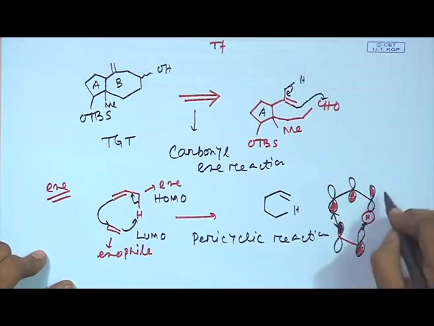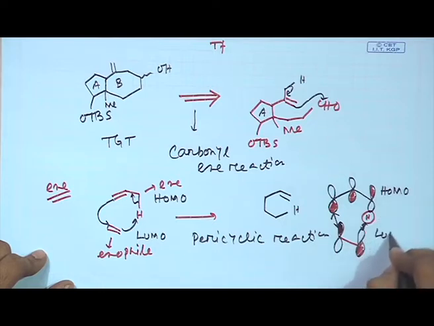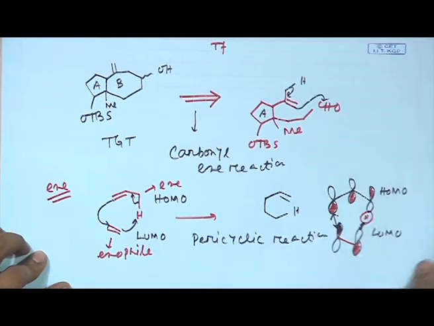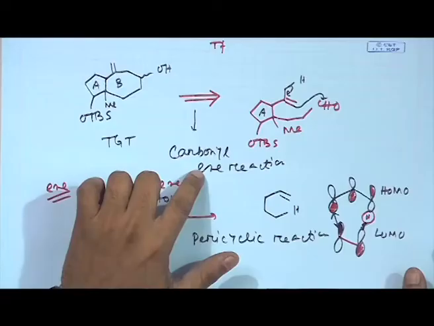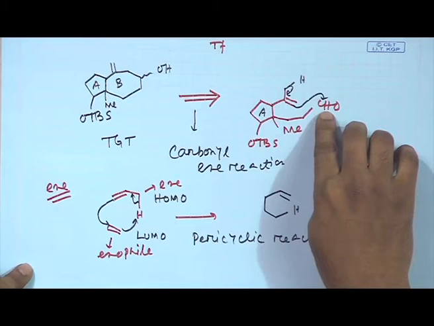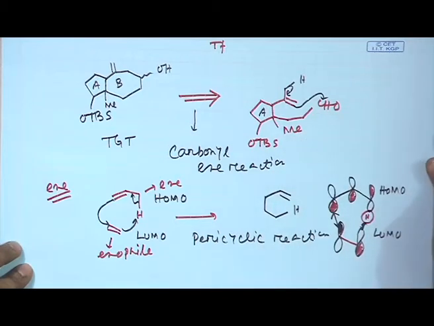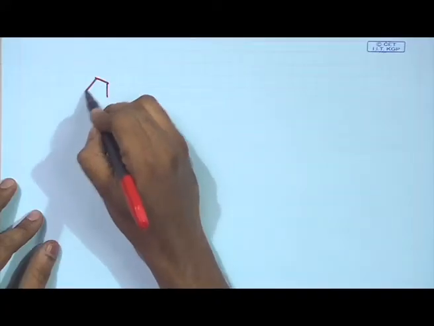So, the HOMO of this ene and the LUMO of this enophile will make this ene reaction. In principle this is a very important reaction. It is named the carbonyl ene reaction because one part is this carbonyl compound as the enophile. Fine. So, now we will explain the starting material or intermediate which we have just drawn.